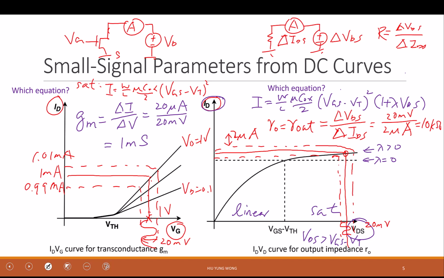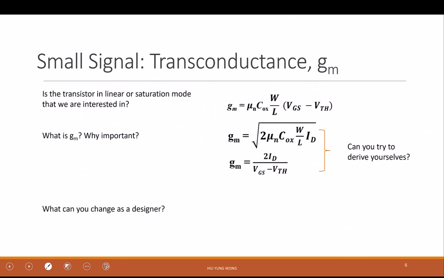Now then, what is the point of doing this? I already told you that I do this because I don't want to deal with this complicated equation. I will explain a little bit more, but I want to go to transconductance first, right? This is a very important concept. As I told you, when we care about transconductance, do we put it in the linear mode or saturation mode?